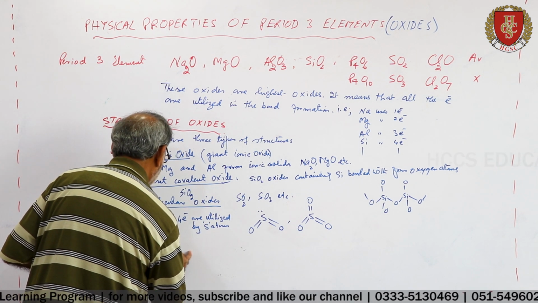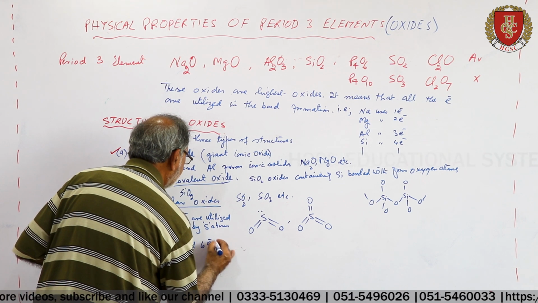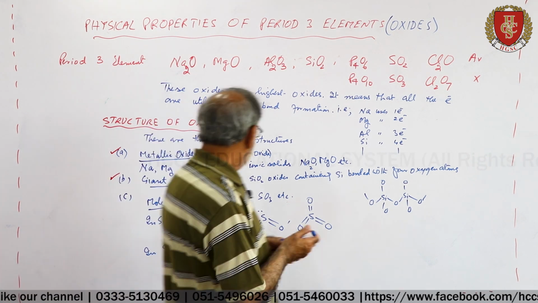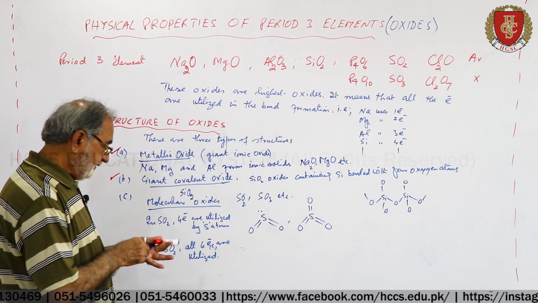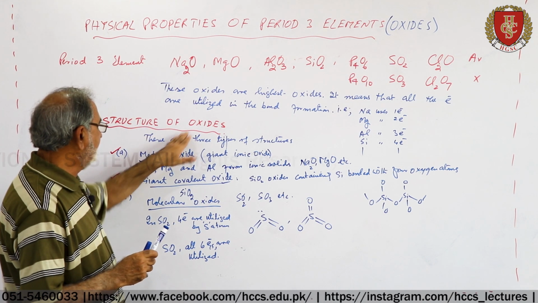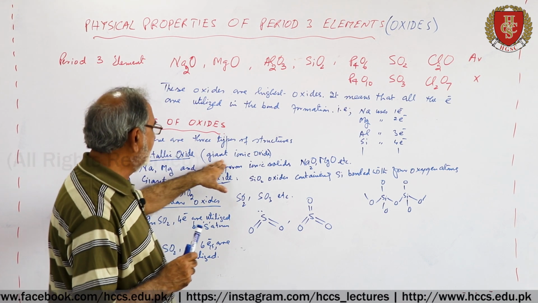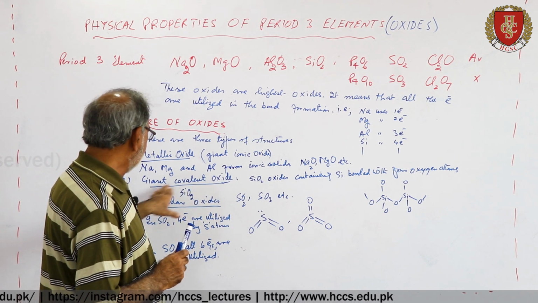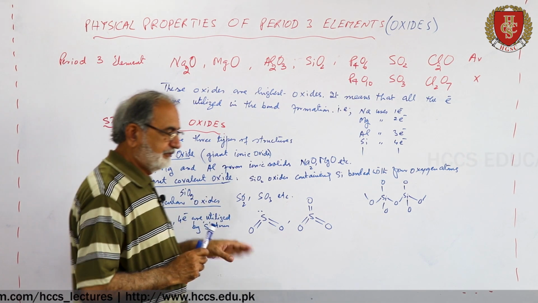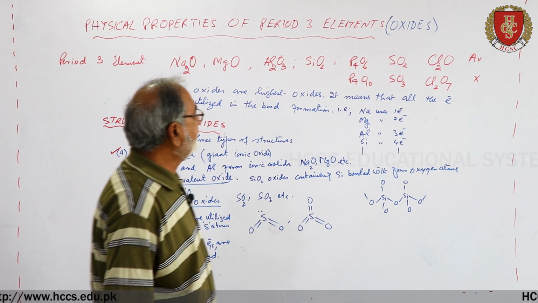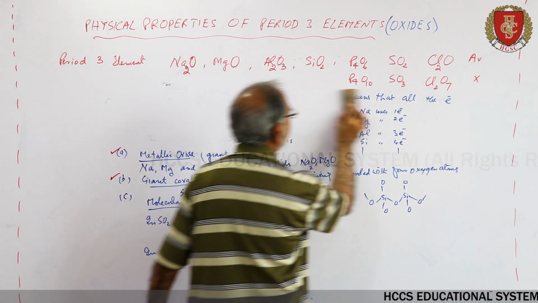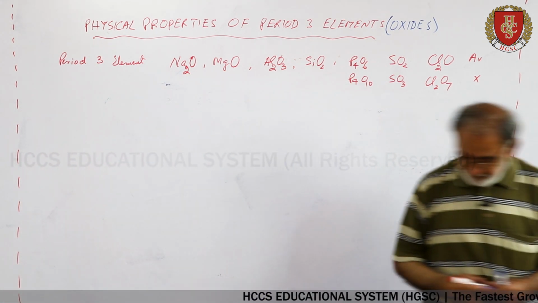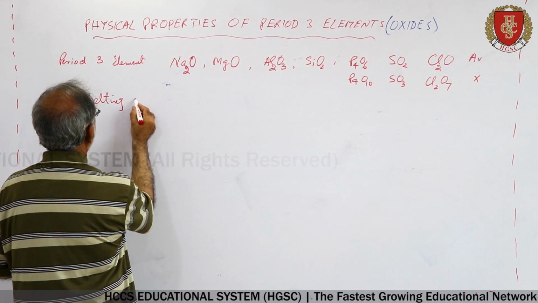In SO3 all 6 electrons are utilized. So we can say the structures of oxides are metallic oxide, giant ionic oxide, giant covalent oxide, and molecular oxides. Now we will discuss the other physical properties, the melting and boiling points.